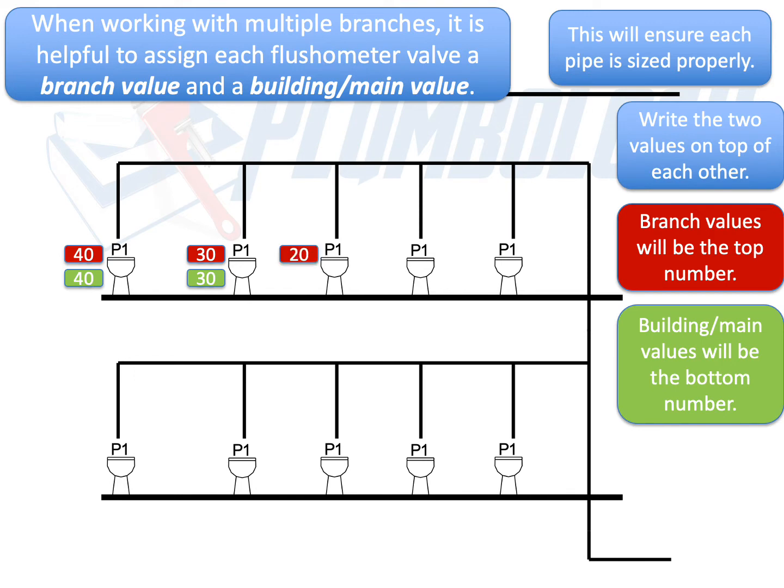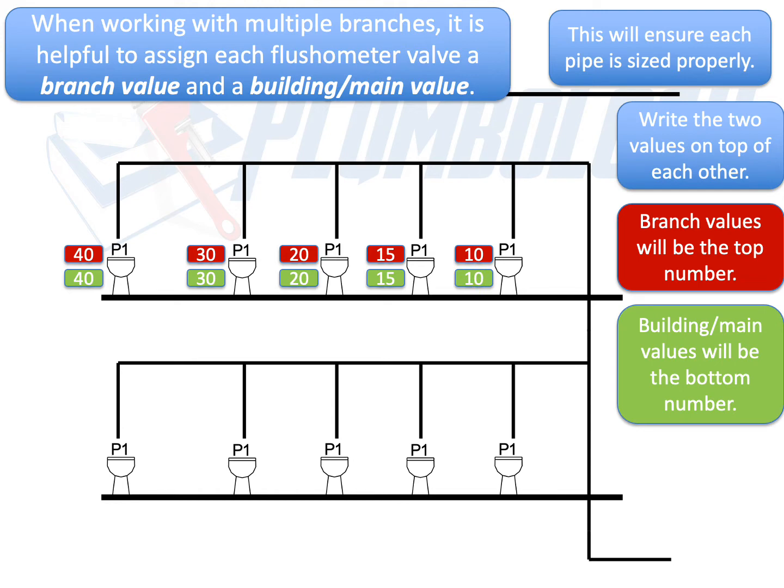Continuing, we label the next flush valve a 20 for the branch and a 20 for the building. The next one will be a 15 for the branch and a 15 for the building. And the last one on the top floor branch will be labeled 10 for the branch and 10 for the building.